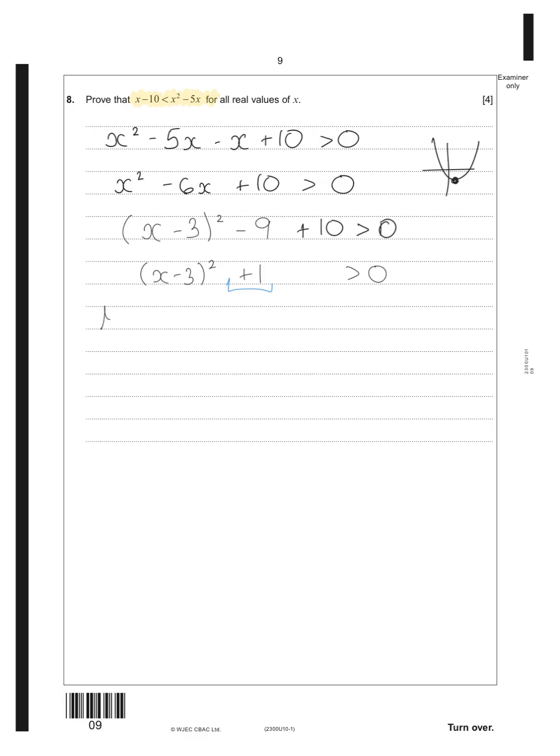So I'm going to say that this has a minimum value of 1, therefore always greater than 0, therefore statement is true.